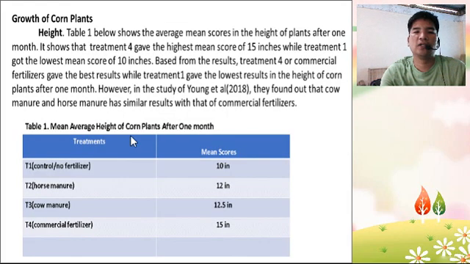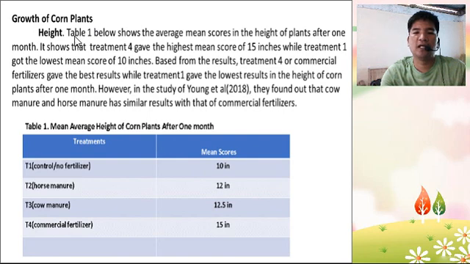Okay, next, so this is now the table. How you are going to interpret and analyze the table. So usually, the discussion of the table is done first before the table. So mauuna yung mga discussion followed by the table. Okay, so we have here the growth of corn plants.